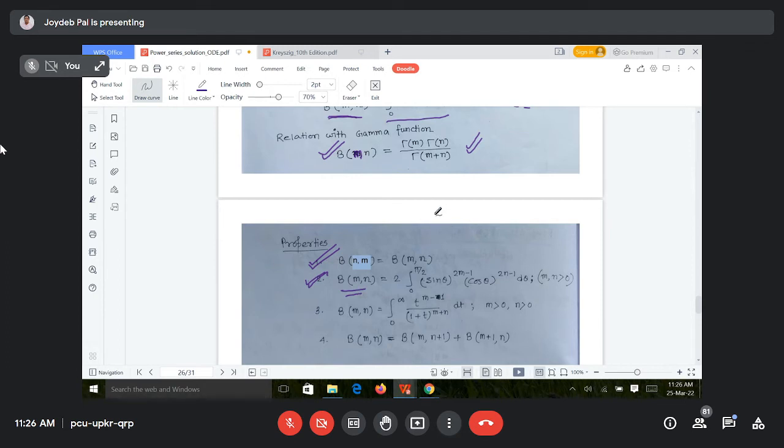I think all of you have seen this type of problem in 10 plus 2 level: integral from 0 to pi by 2 of sine to the power 10 theta d theta. Have you seen this type of problem, whenever the power of sine or cos is large?